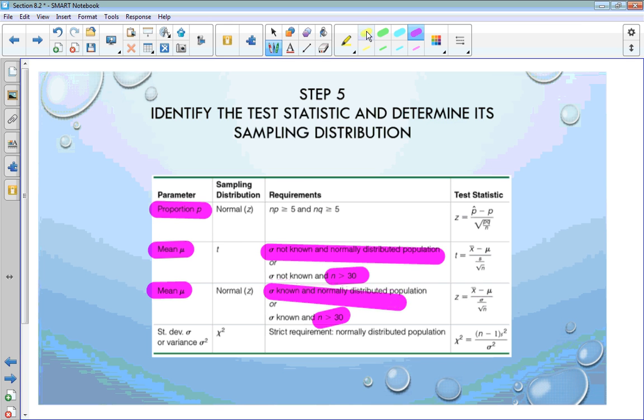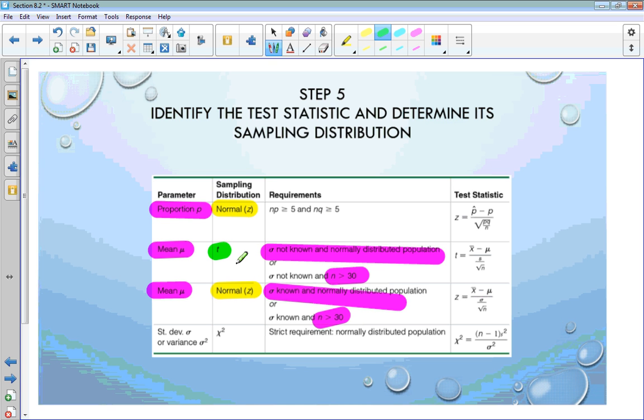So in two cases, we're going to use our normal Z sampling distribution, and we've been working with that all semester. But if it's not, we're going to use the T, and we saw T already.